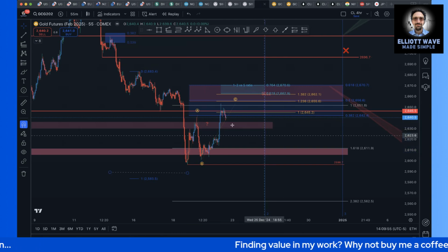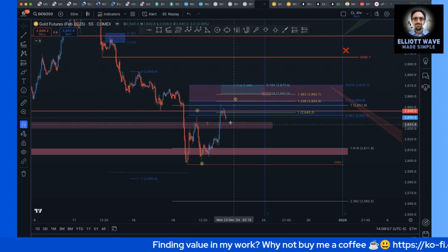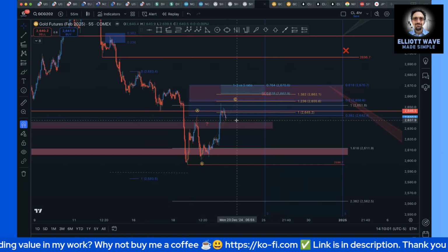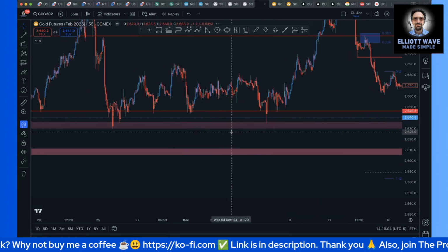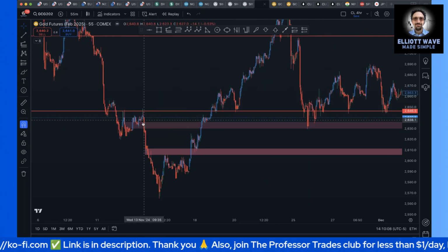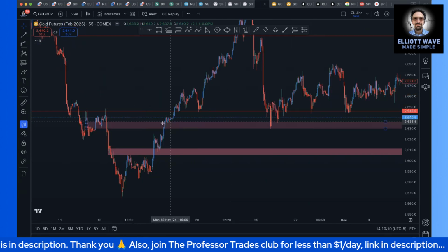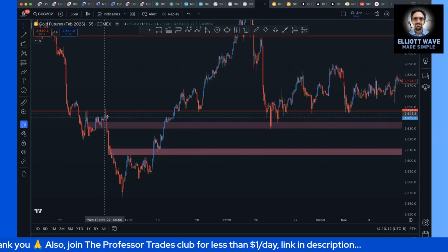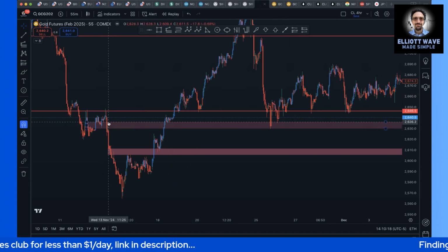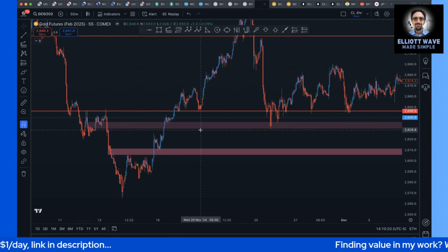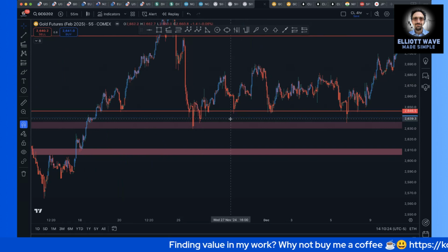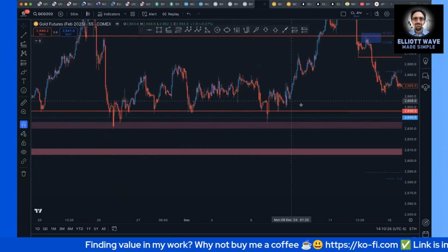if this is going to get back down a little bit more in a wave 4 and hold this, another way to look at this is a back test of this zone. Look at this zone. How many times has price interacted with this zone? How many times has price back tested this zone, failed the zone, back tested it on the way down, back tested it on the way up, back tested it on this bounce, and bounced there?